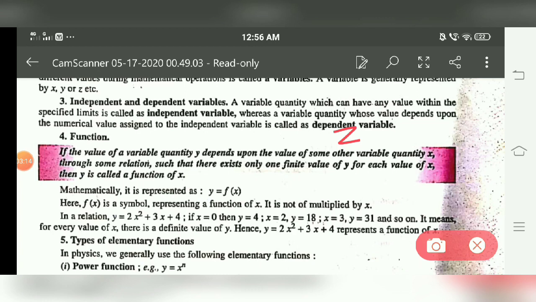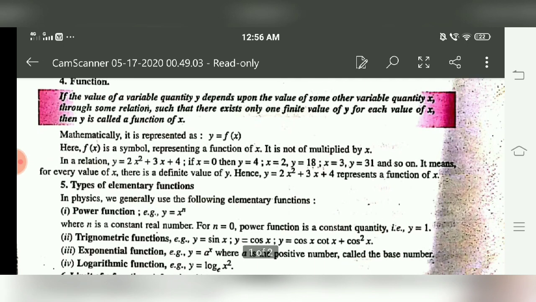If we have z equal to f(y), then we can say z is a function of y.